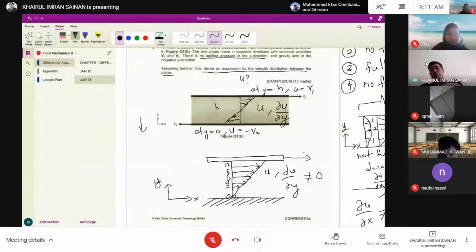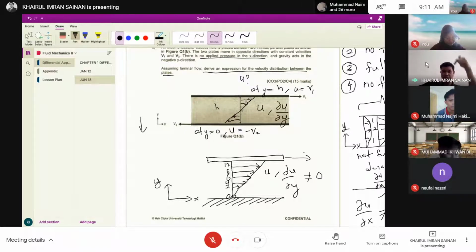Okay, why is gravity 0? There is no gravity in the x direction. Simply said, your plate is in the horizontal direction, or the fluid moves in the horizontal direction. That's the simple term, because gravity acts vertically towards the bottom.